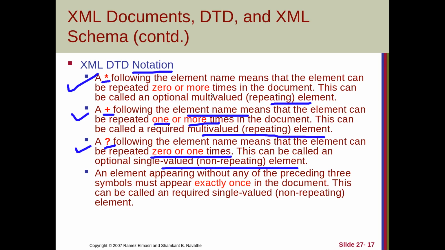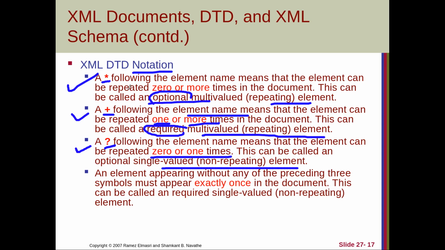So star, 0 or more, is an optional multi-valued repeating element. Look here, I forgot to say this: an optional multi-valued element, that is star. That means we can have 0 also, but plus means required, we should have at least 1 or more.